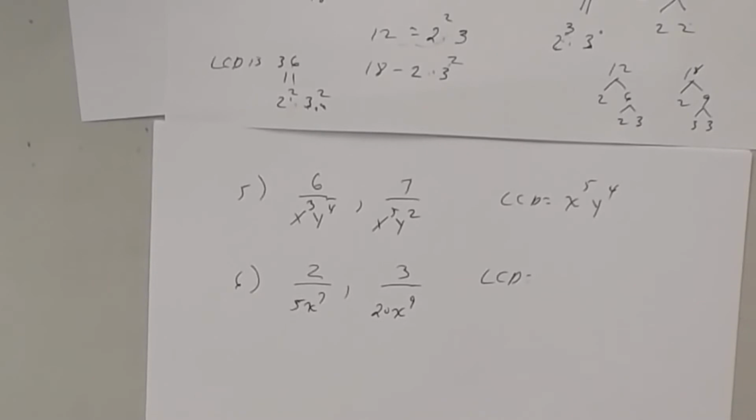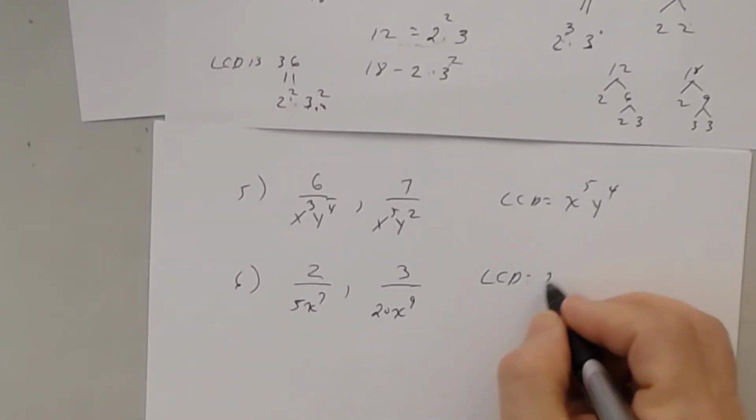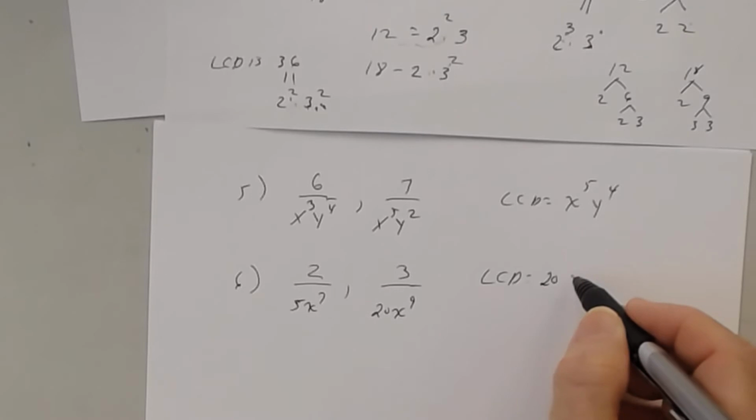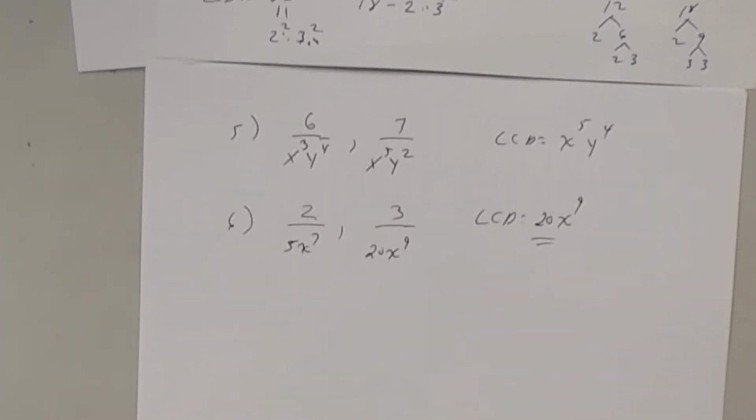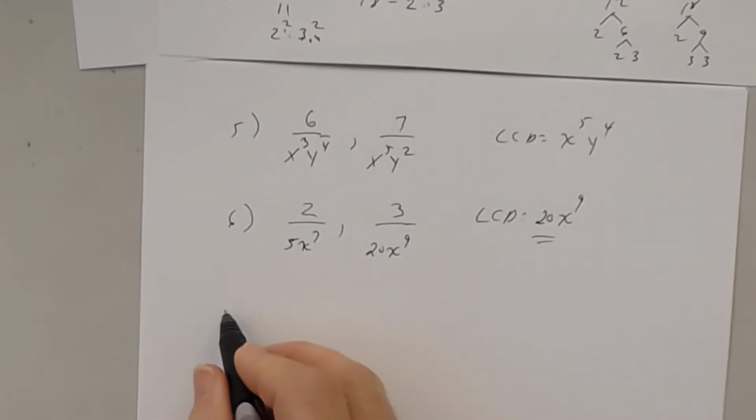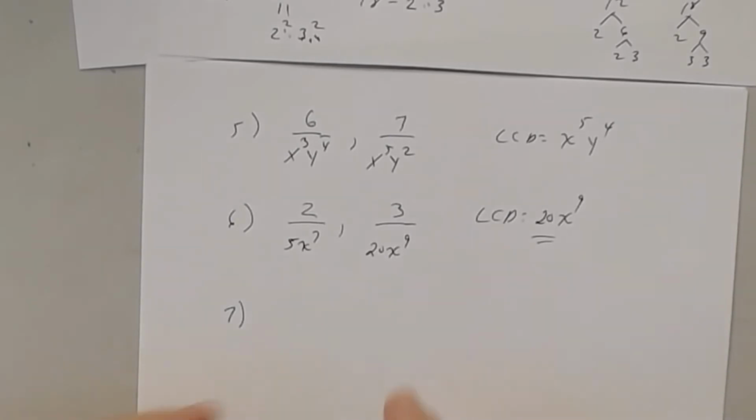What's the smallest number that 5 and 20 go into? 20. 20 does not go into 5, but 5 goes into 20 evenly. What about your variables? X to the 9th. So there's your LCD: 20x to the 9th. You have to know how to find the least common denominator because next class period we're going to be adding and subtracting these, in which case you would have to find equivalent fractions.